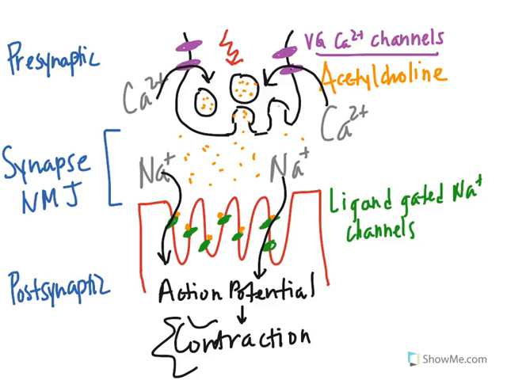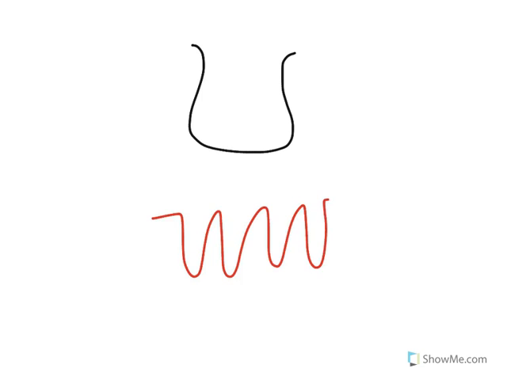So once muscle contraction is achieved, we want the converse to happen, relaxation. So how does this happen? Well, we have the axon terminal, we have the muscle cell, and I'll draw in some of these sodium channels with acetylcholine bound.